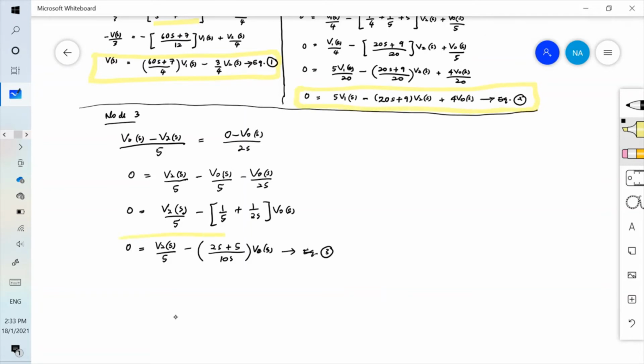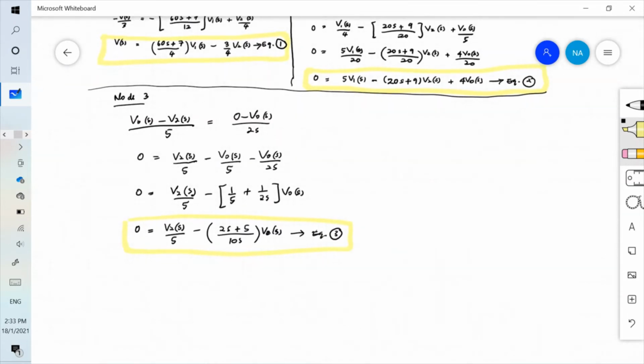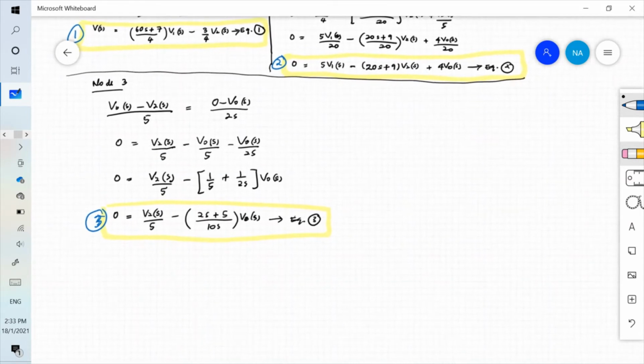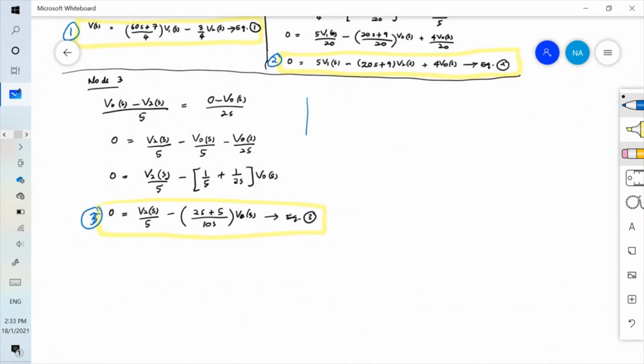So you will have a 3 by 3 matrix and 3 by 1 matrix. So this is your 3 equations, equation 1, 2, and 3. Okay, so now let's put it in matrix form. On your left hand side will be the left hand side terms, which are Vs, 0 and 0.